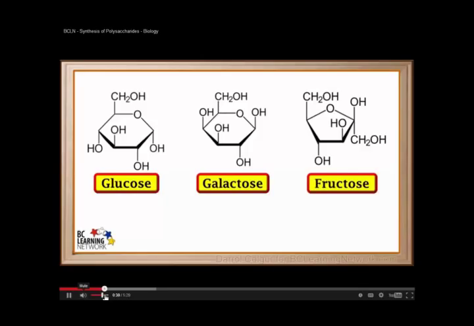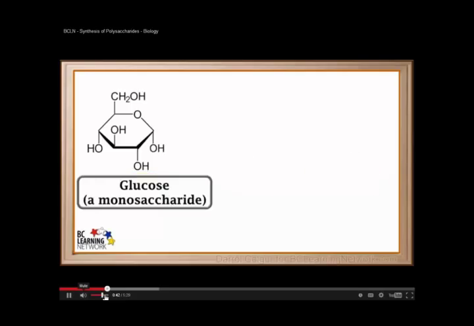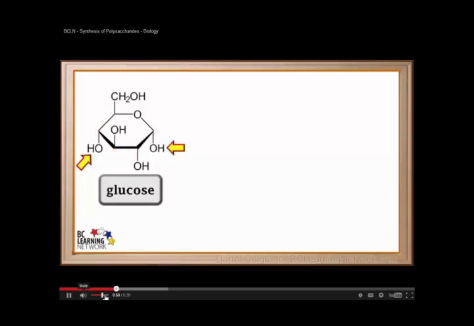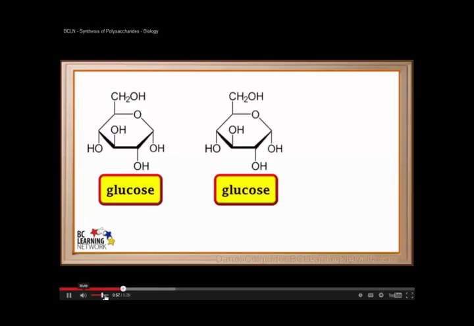A molecule of glucose contains 6 carbon atoms, which are numbered like this. These 2 OH groups are used to bond glucose monomers to each other. We'll see how that works. Here are 2 glucose units. We'll consider this OH on the first glucose molecule and this H on the second glucose molecule.